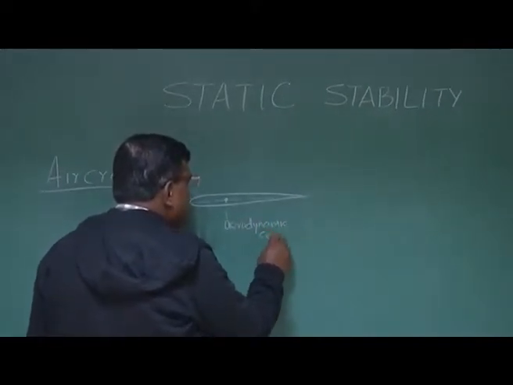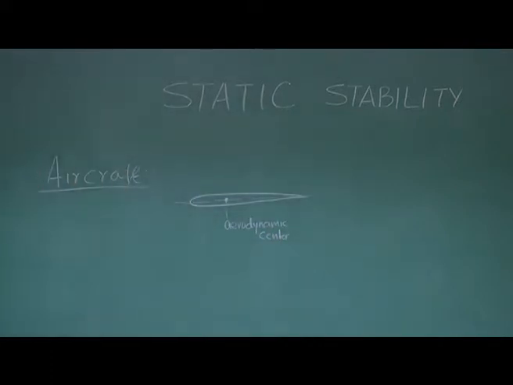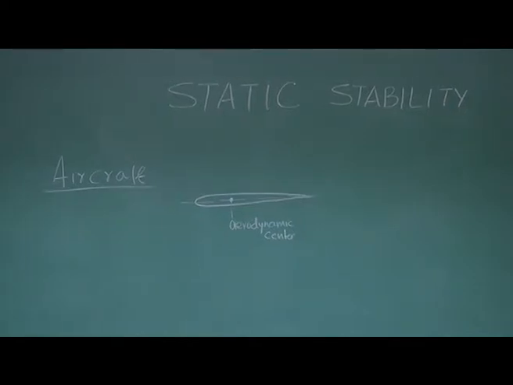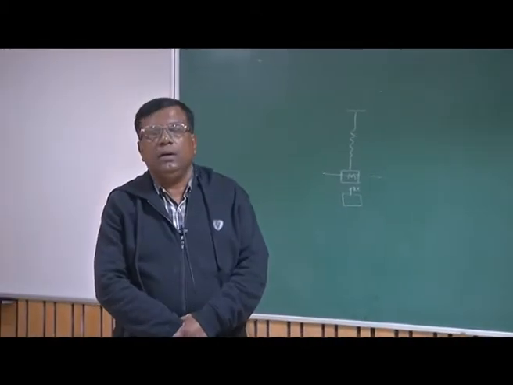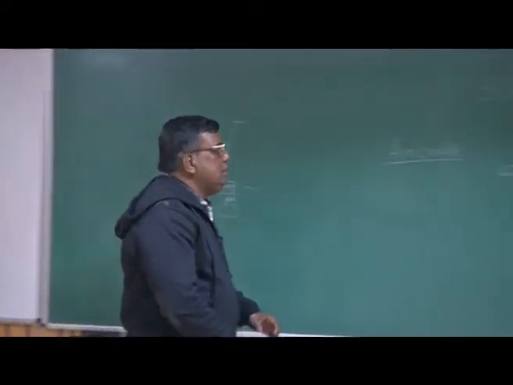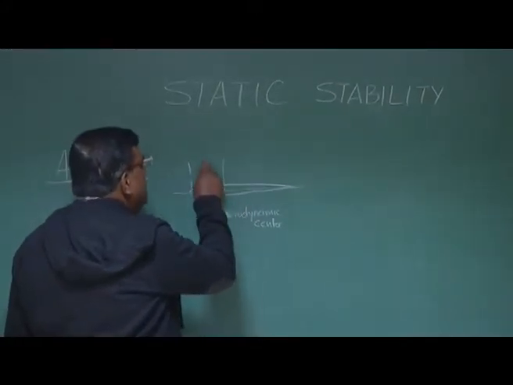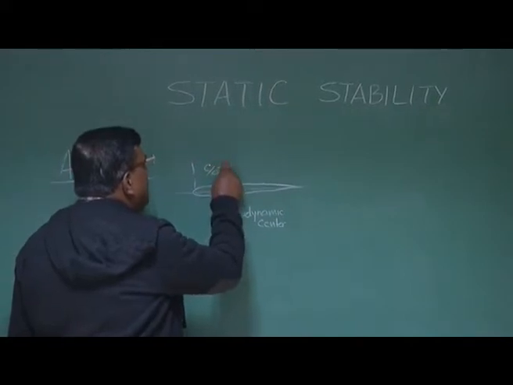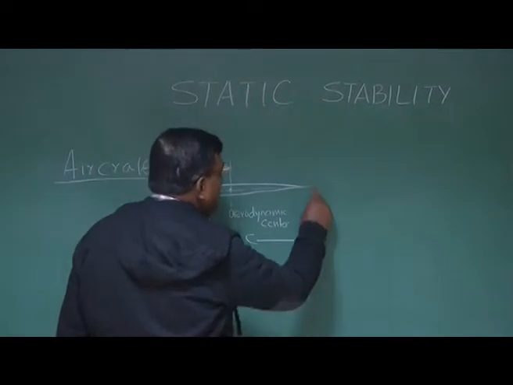What is the definition of aerodynamic center? It is a fictitious point, mostly for low speed and moderate thickness to chord ratio aerofoils. This point is at c/4, that is, its location is c/4, and we call it the quarter chord point, where we are now very clear what a chord is.